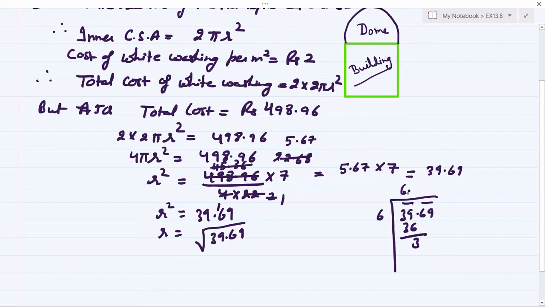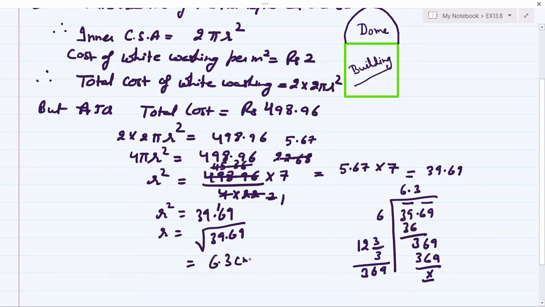So 3 will come here, this decimal will go here. 6 you doubled to 12, put the blank over here and take this next pair down. So if you take 3 here and you multiply it by 3, 3 3s are 9, 3 2s are 6, 3 3s are 9, 3 1s are 3. So 3 6 9, it means it is completely divisible by 3. So now the square root of 39.69 is 6.3.